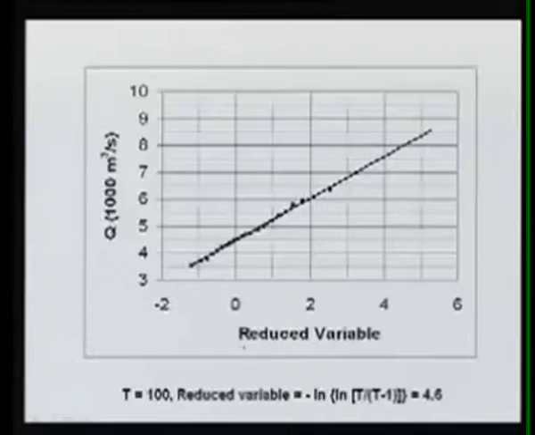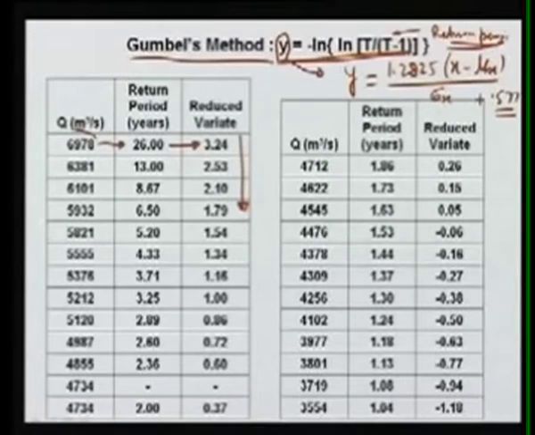So in this case we have plotted here the reduced variable versus Q. Notice that this Q is in 1000 meter cube per second, and so for example for 6978 the reduced variate comes out to be 3.24, which corresponds to a return period of 26 years.